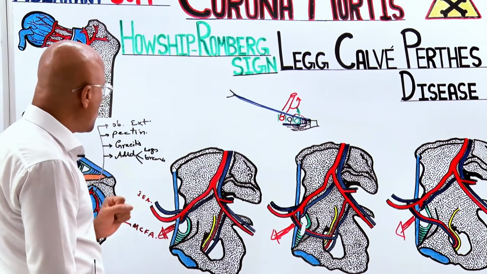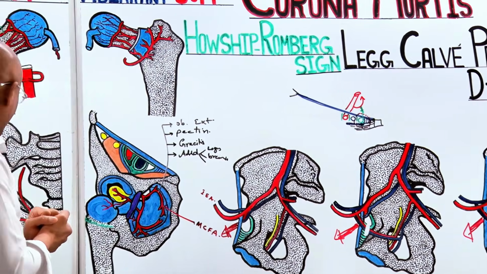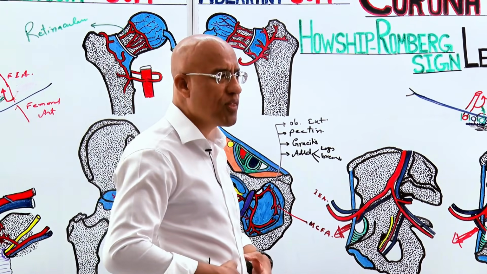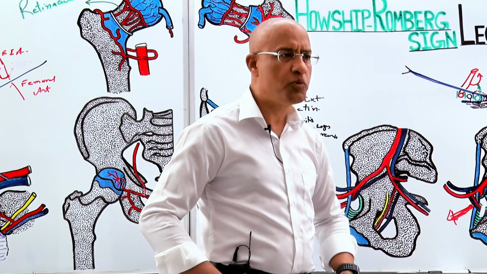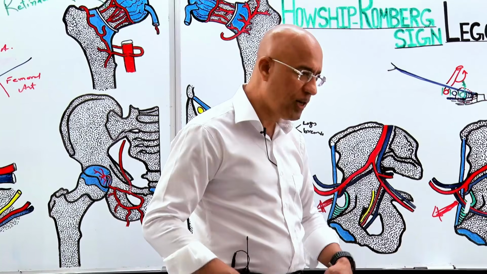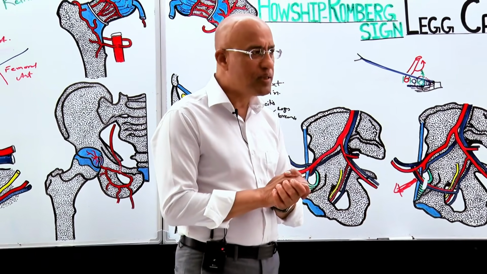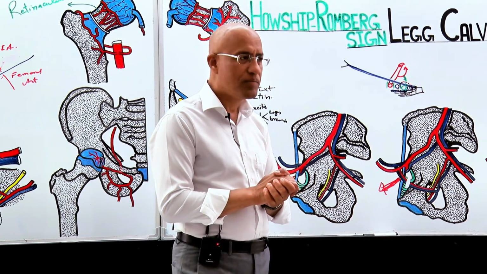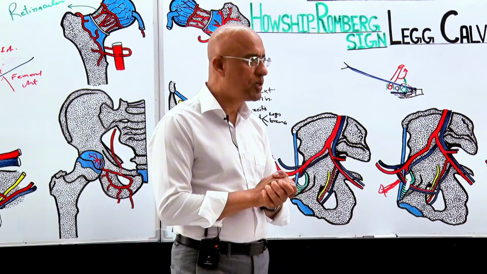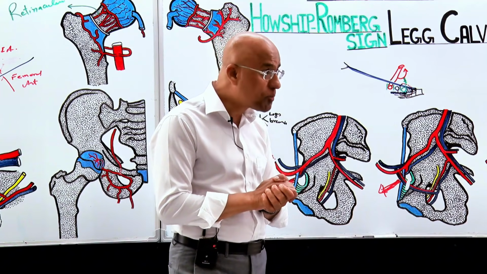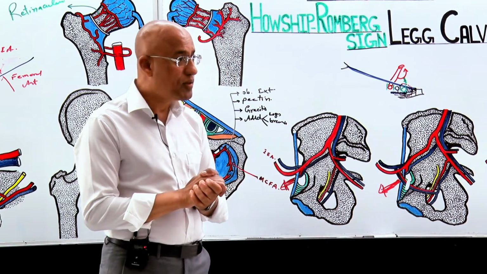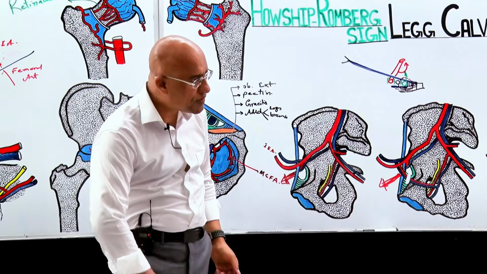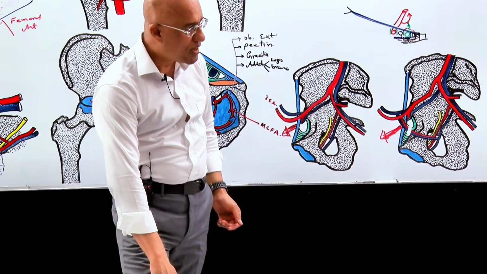Now, one more thing. You know, if you have an abdominal hernia or groin hernia, usually you find a bulge there, an abnormal bulge. But there is one hernia in this area which does not produce any bulge, but produces severe pain on the medial side of the thigh, right?